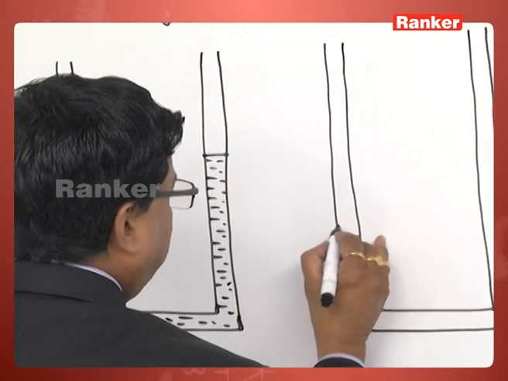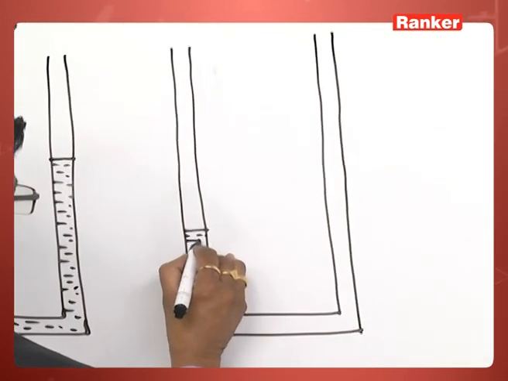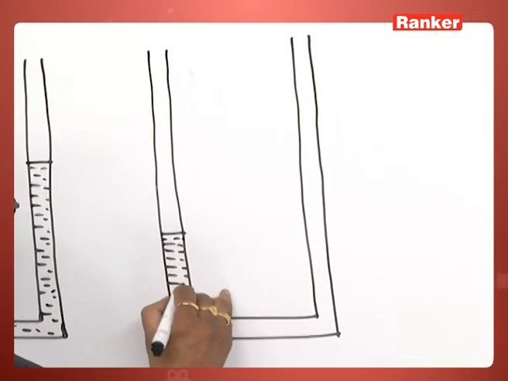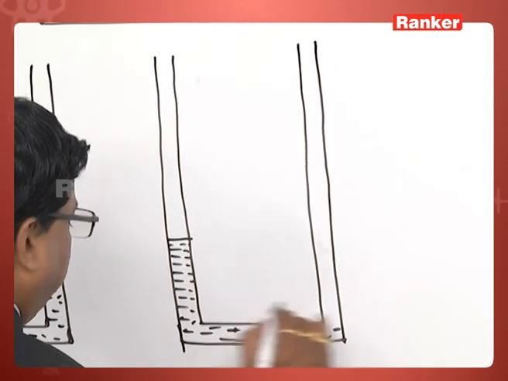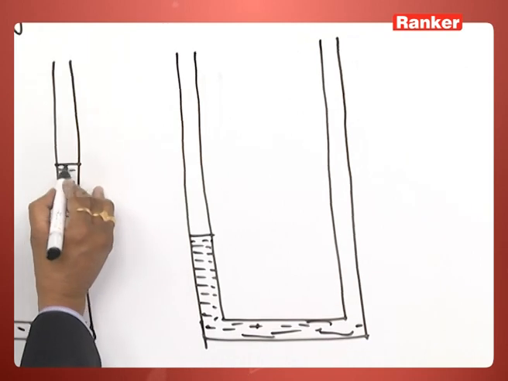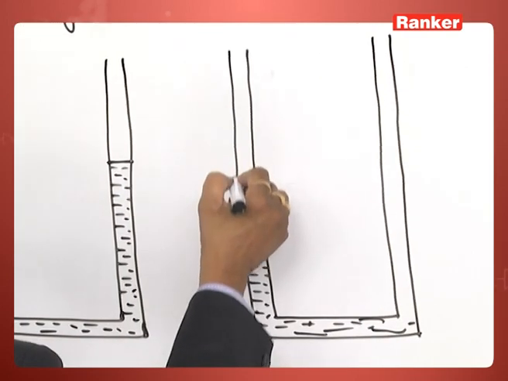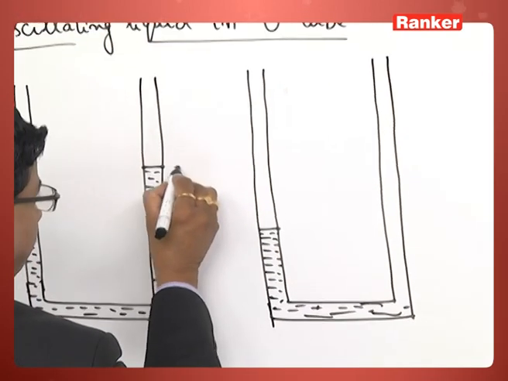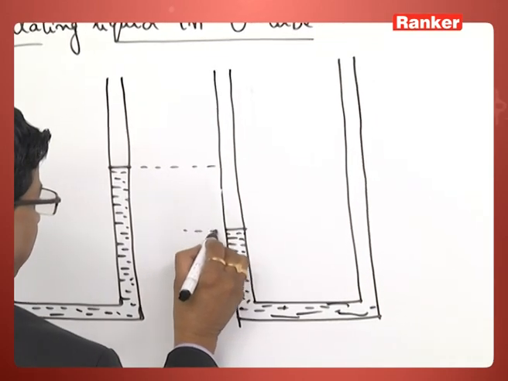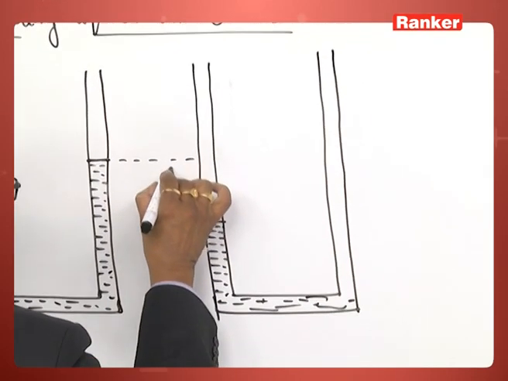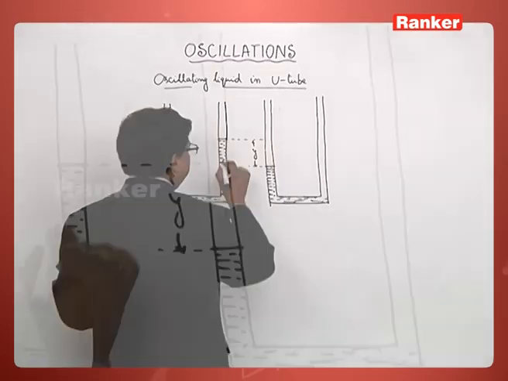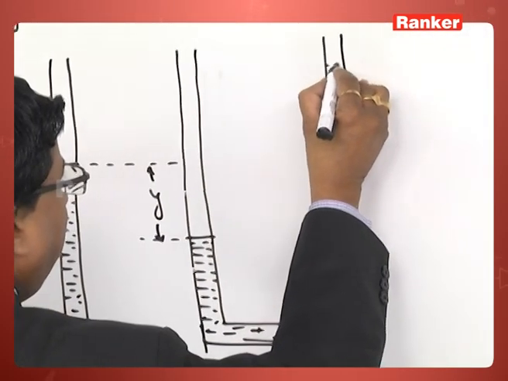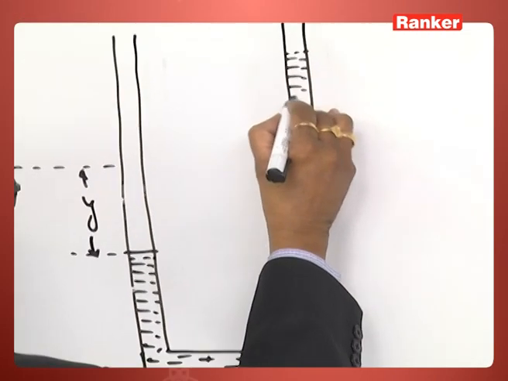Then naturally that level has come down to this. Earlier the level was till this extent, now it has come down, compressed by Y. Then automatically that liquid rises in the other limb.